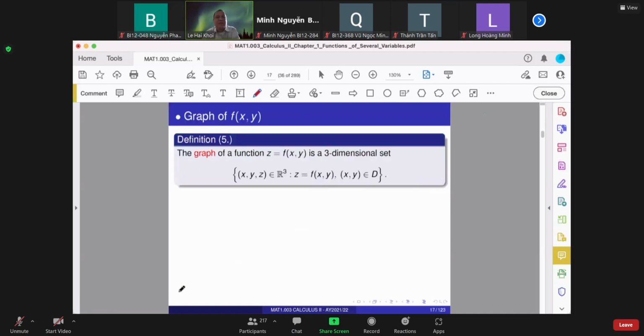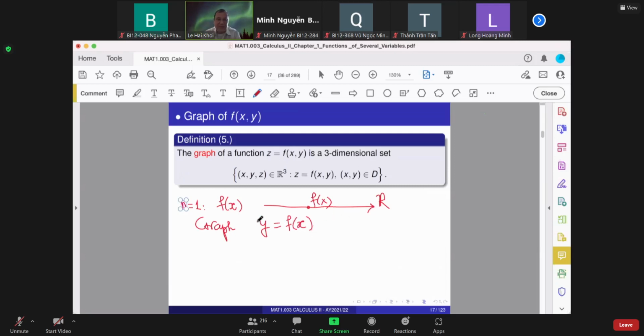Okay, now talking about graph, you should pay attention. For n equal to 1, you have a function f(x), right? And f(x) is on the real line. But if you want to have a graph, you should have y equal to f(x).